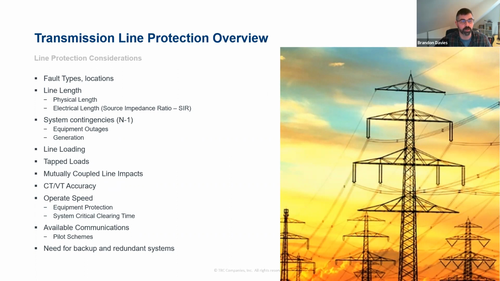So you're talking about a small fraction of a second is how fast you not only need to detect the fault, you need to open breakers to clear the fault and send signals to the other end of the line to tell their breakers to do the same thing. So we're talking about very, very high speed systems here that are often driven by system stability and other clear time requirements.